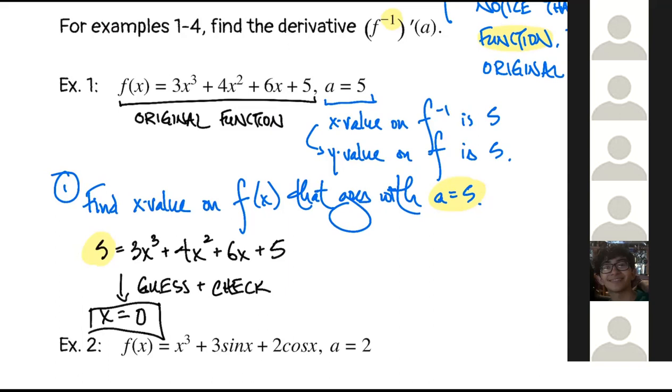And my suggestion with this guess and check would be to try really nice numbers first. And what I mean by that is try numbers like 0, 1, or -1. Okay, so actually very similar to the numbers that I ask you regularly, like tell me 0, 1, or -1, how are you feeling, right? So we're going to use those same numbers and try those for our guess and check. Okay, I don't know why this step makes students so uncomfortable, but just try some nice numbers, 0, 1, -1.